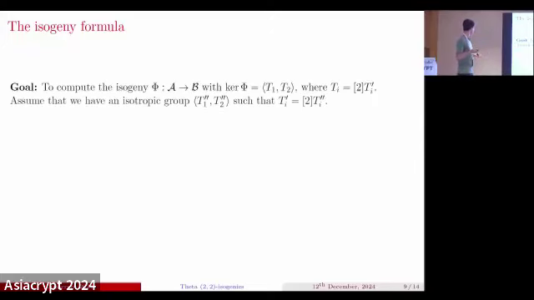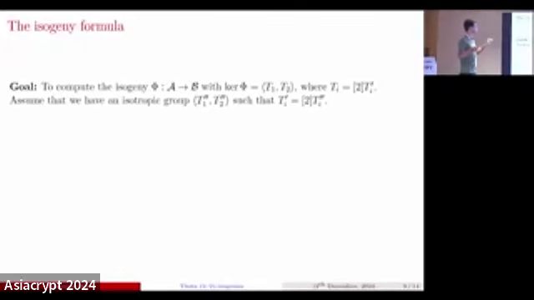In this case, we also assume that we have an isotropic group, although you can relax this condition, and I will tell you a little bit about this later on. Suppose that we have a 2-torsion point above this Ti prime.